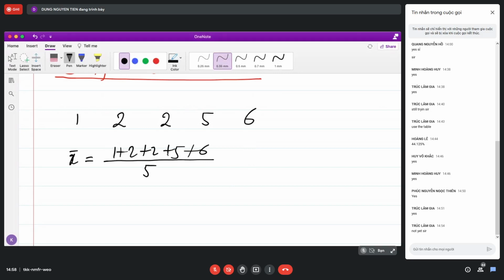What is the answer? You get 16 divided by 5, and then you get 3.2.